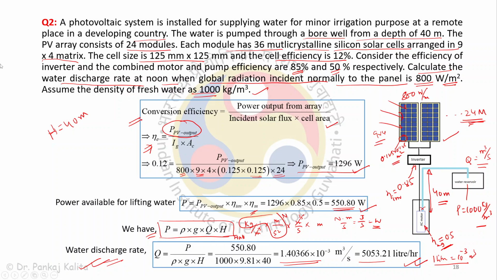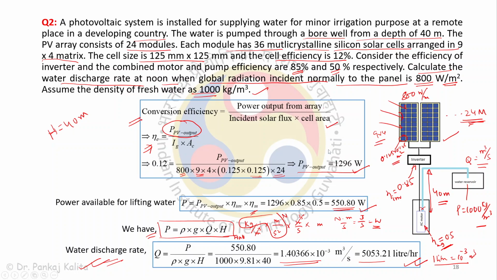When you approach this type of question, first you have the conversion efficiency. Power output from the array equals incident solar flux times cell area. Incident solar flux is 800 watt per meter square. Cell area times 9 times 4 times 36 times 24 modules, multiplied by the 12% cell efficiency.